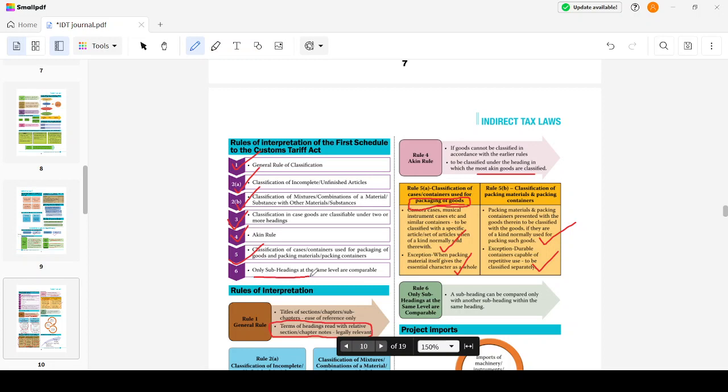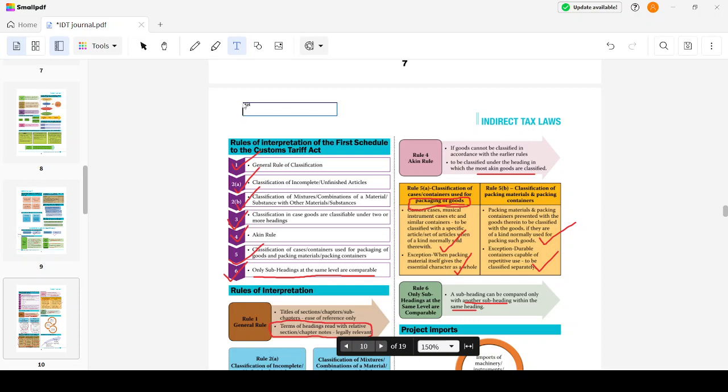Only subheadings at the same level are comparable. This is a rule which says that, see, I have a heading. I cannot compare it with some other product which is in some other heading. I can compare only with the other subheadings within the same heading. Say, assume A is the heading.